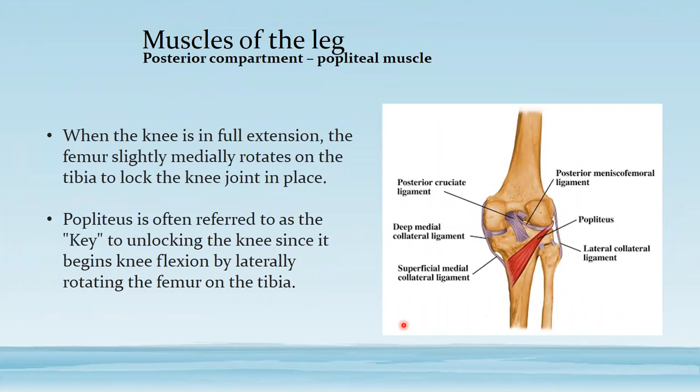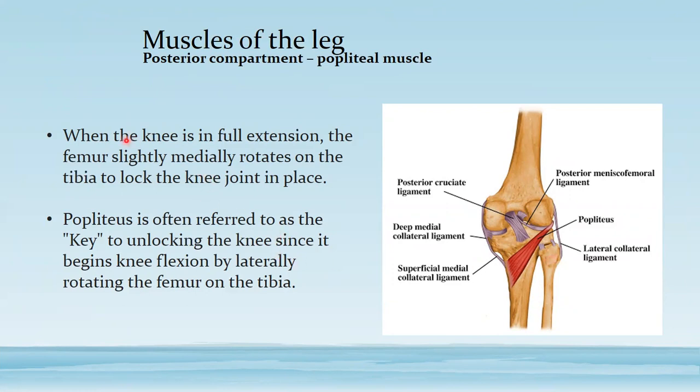And the posterior compartment, popliteal muscle. This is the popliteal muscle. It is part of the muscle of the posterior compartment. When the knee is in full extension, the femur slightly medially rotate on tibia to lock the knee joint in place. Okay, faham tak?